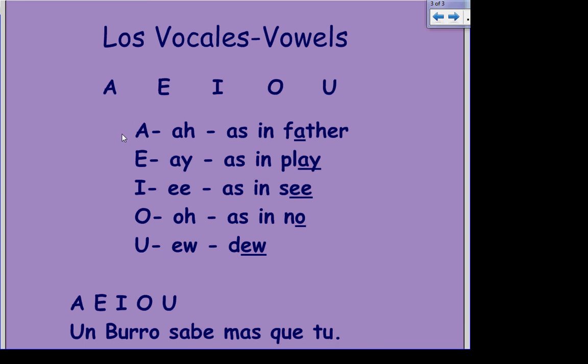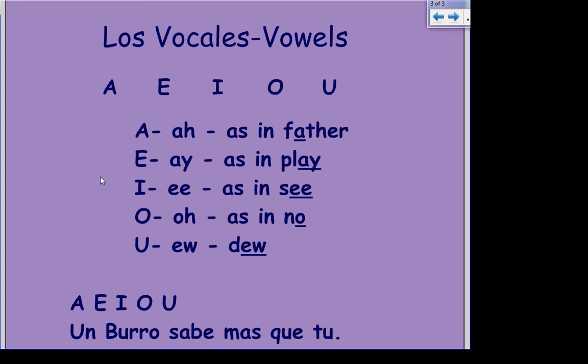In English, our vowels could have many different sounds, but in Spanish, it has one sound. The vowel sounds in Spanish only change if there's a combination of vowels, but you don't have to worry about that at this point. So right now, this is A, E, I, O, U.